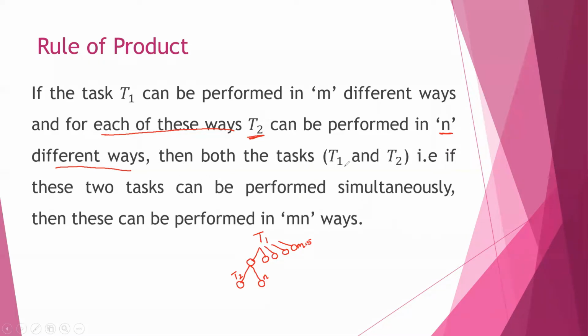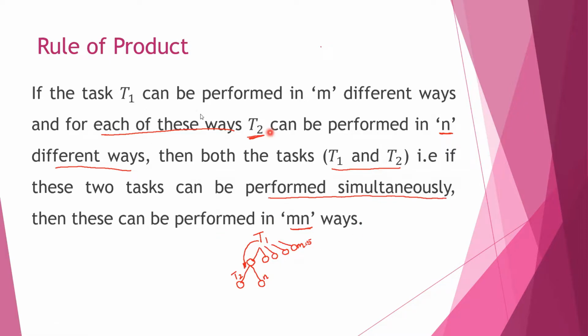Then both the tasks, T1 as well as T2, can be performed in m into n ways. That is, T1 as well as T2 need to be considered simultaneously.